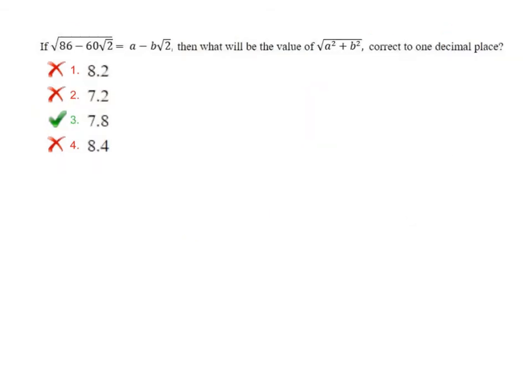If under root of 86 minus 60 root 2 is equal to a minus b root 2. So I can take it as 86 minus 2 into 30 goes inside, it becomes 900 into 2, that is 1800. The factors of 1800 which give me 86: this is 36 into 50, perfectly works out.